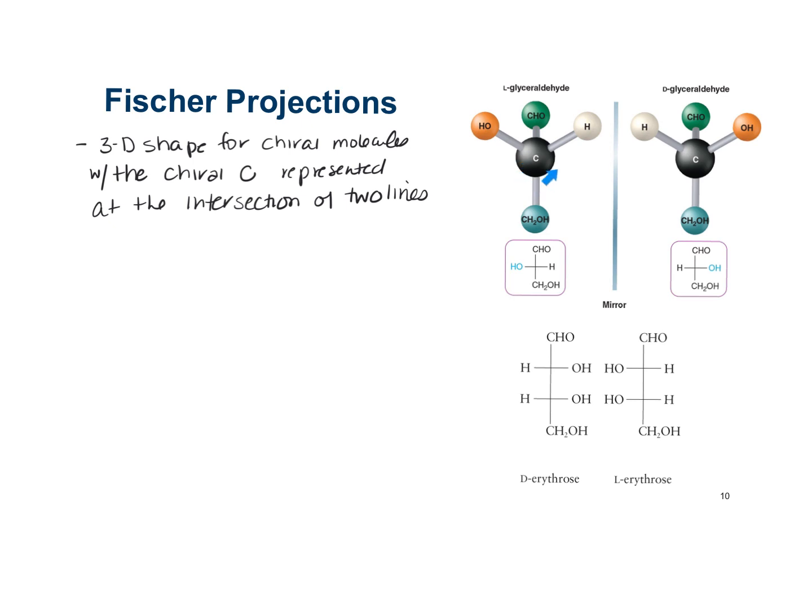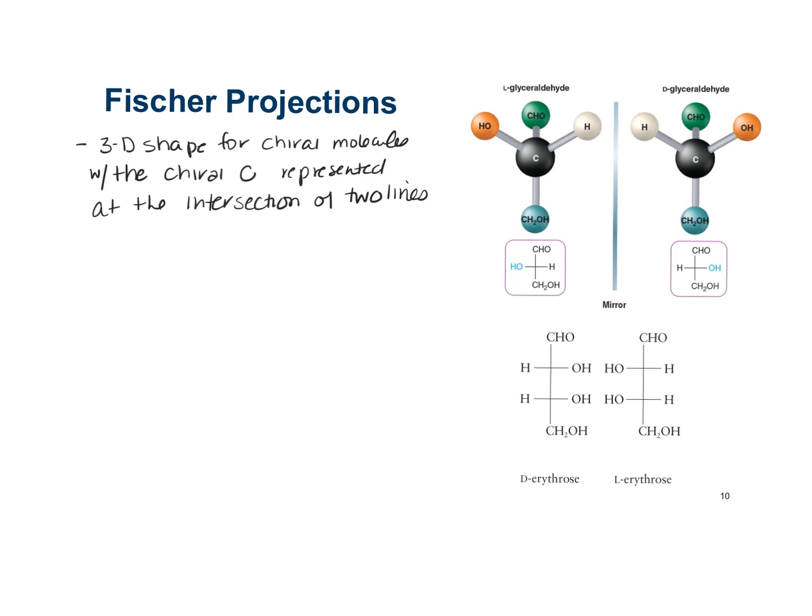So what we see here is this carbon, and now that carbon is right here where we have the line here. So now we've just got a line showing that carbon. In the Fischer projection, that chiral carbon is represented by the intersection of those 2 lines.